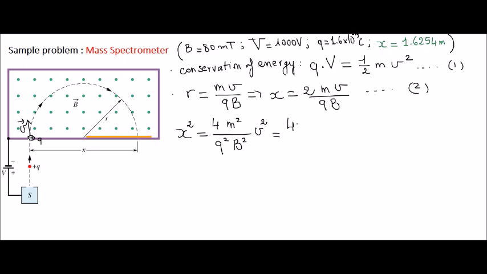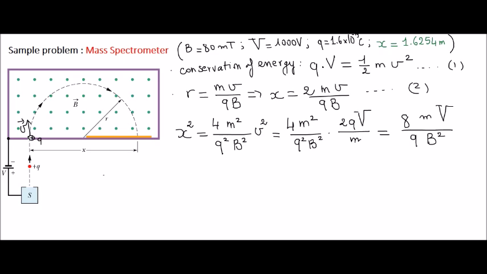So we have 4 m squared over q squared B squared, and v squared is 2qV over m. So this will give you 8 m times V over q, with q in the denominator and B squared here.